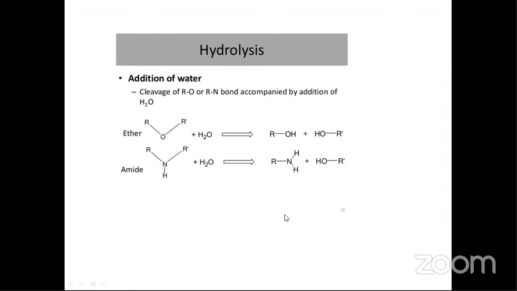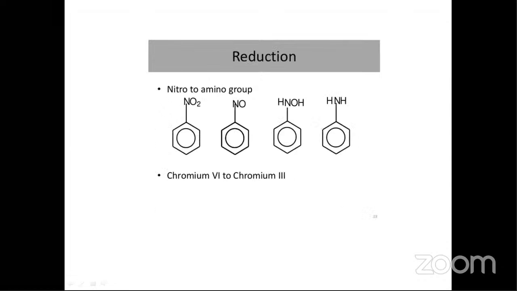Again, reduction: the nitro group is converted to the amino group. NO2 is converted to NH2. This is called reduction, reduction of the nitro group to the amino group by addition of hydrogen.